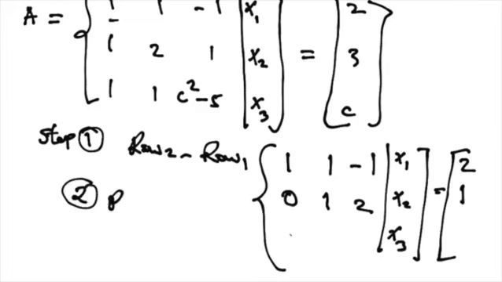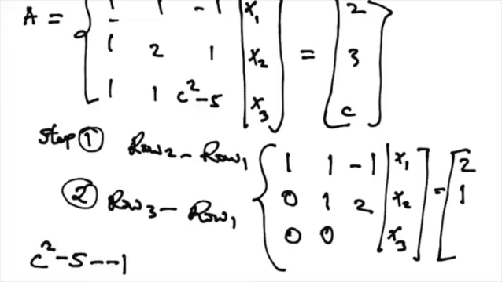The second step is row 3 minus row 1. Because row 1 is so good, it's just made of 1, so we can just subtract it anywhere we want. So 1 minus 1 is equal to 0. 1 minus 1 is 0. Now we have c squared minus 5 minus minus 1. That will give you c squared minus 4.